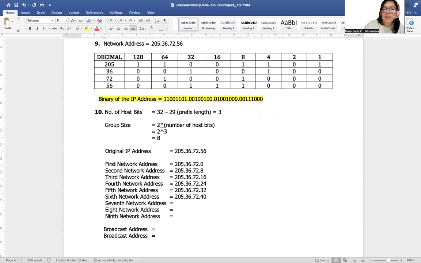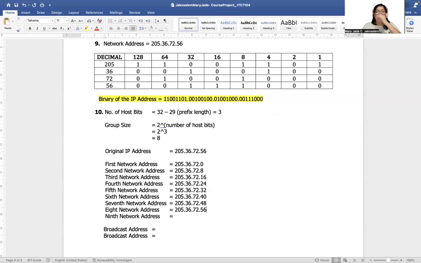So our sixth network address is 205.36.72.40. Still less than, so we have to create another one. So the seventh network address is 205.36.72.48. Still less than, so we have to add another one.